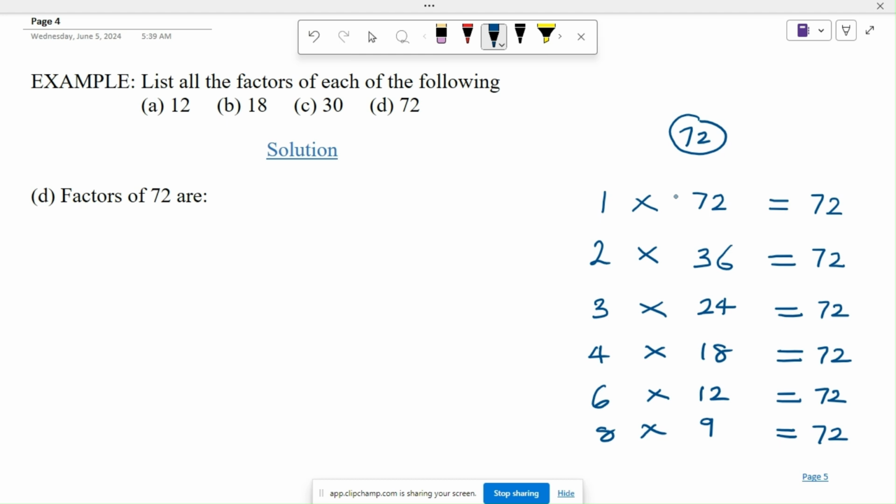So these are all the factors of 72, and we list them in this order.